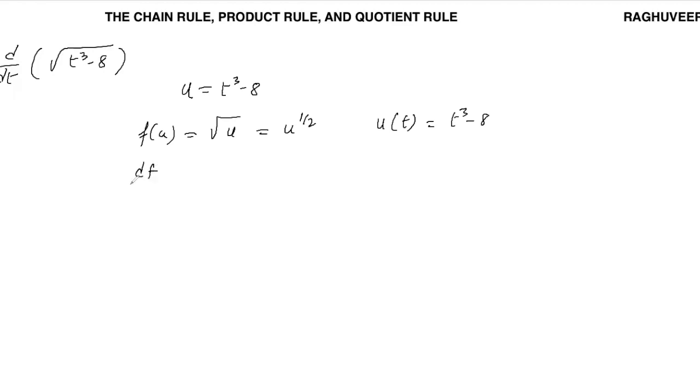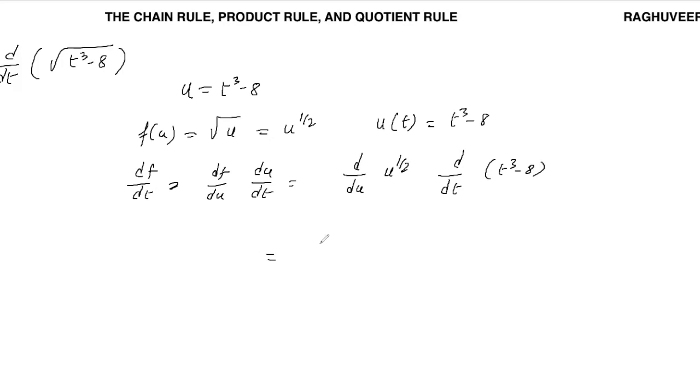So df by dt is df by du multiplied by du by dt. So this is d by du of u to the power of half and d by dt of t cube minus 8.